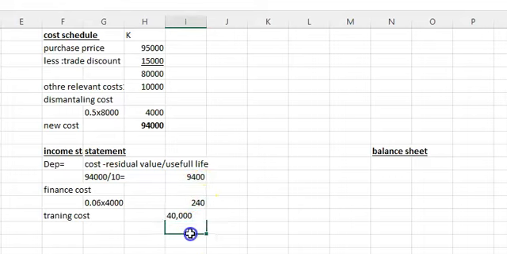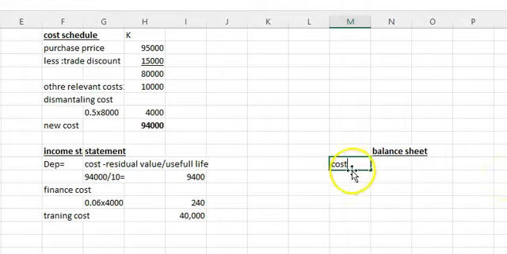Okay, what goes into the balance sheet? So for the balance sheet, the first thing that goes there is the cost. How much is our cost? Our cost is simply 94,000, the one we calculated. How much is depreciation? Depreciation also goes there.